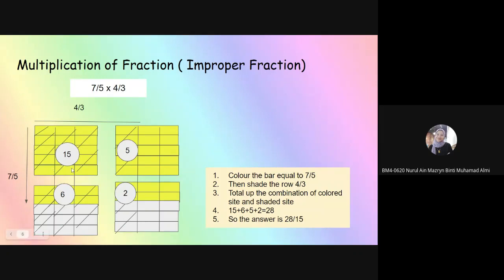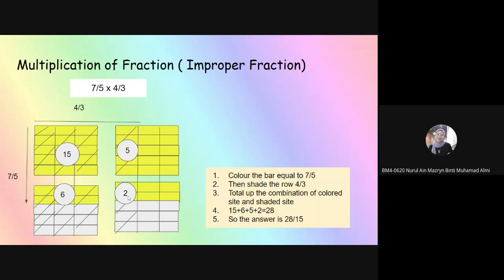So we also divide it into 3 parts, and after that we shade the row 1, 2, 3, 4, which equals 4 over 3, and is also the same as 1 1/3.